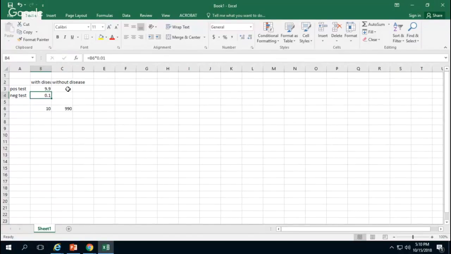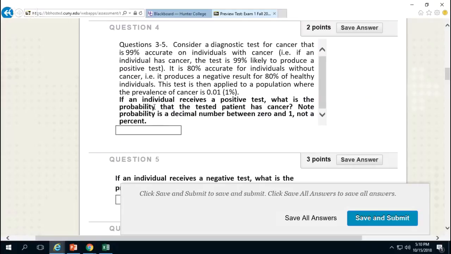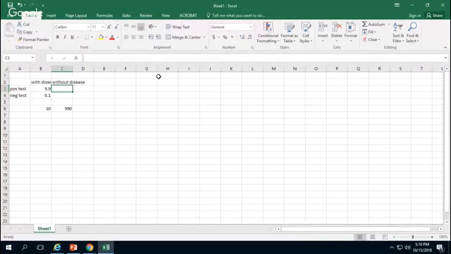And on those without the disease, let's see, it's 80% accurate, so these ones are equals C6 times 0.8 equals C6 times 0.2.